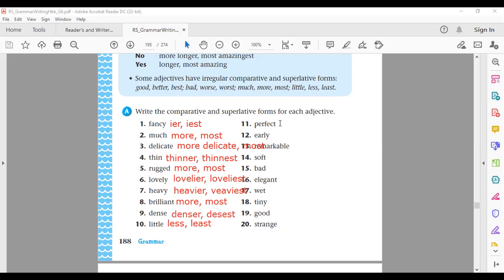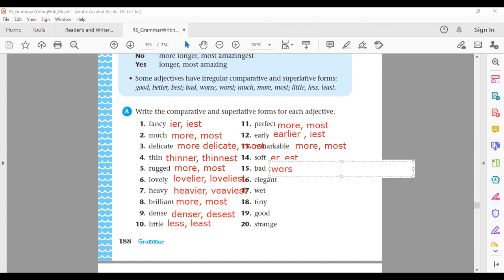And then we have perfect. Perfect, more perfect and most perfect. Early. Earlier and earliest. Excellent. Remarkable. More remarkable and most remarkable. Soft, softer and softest.